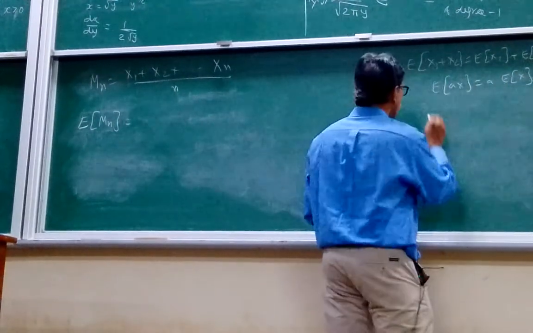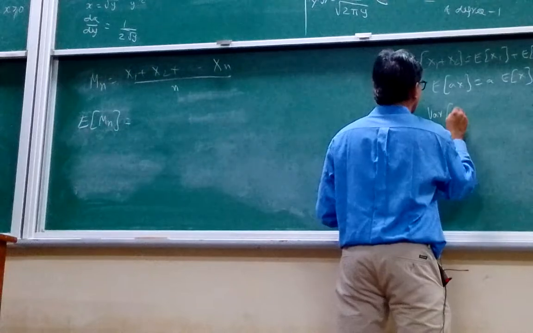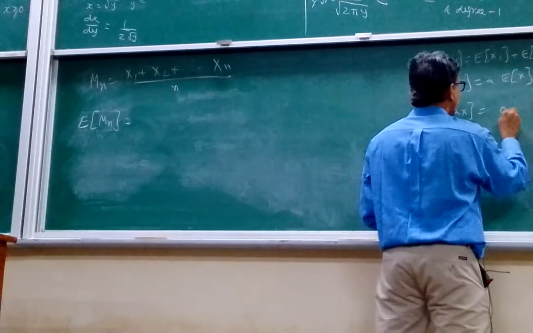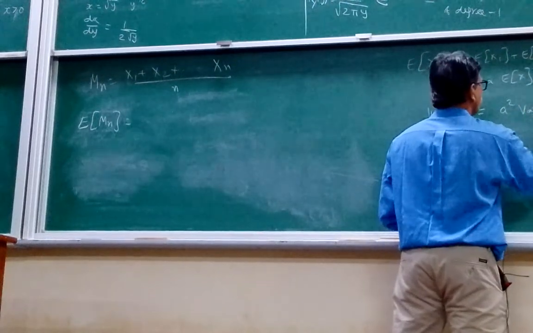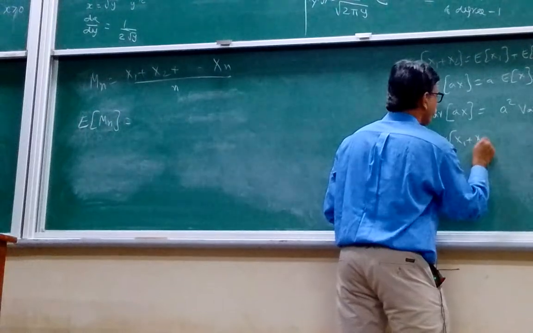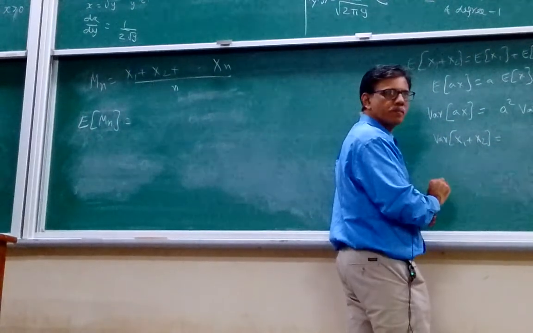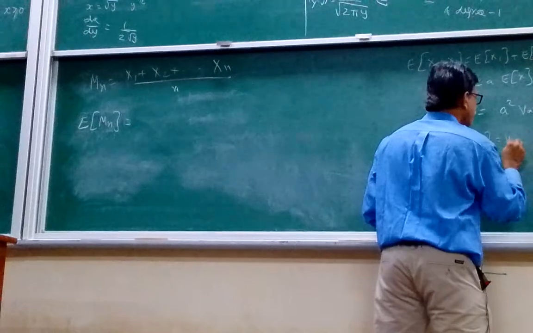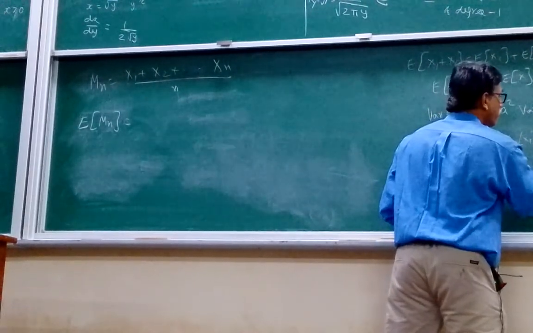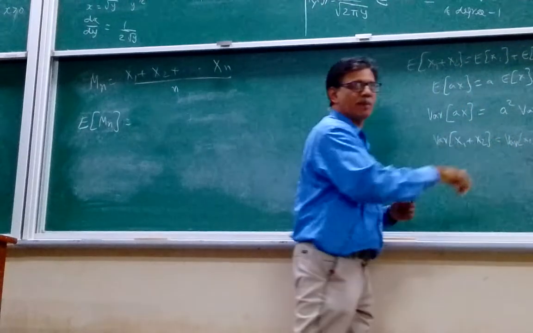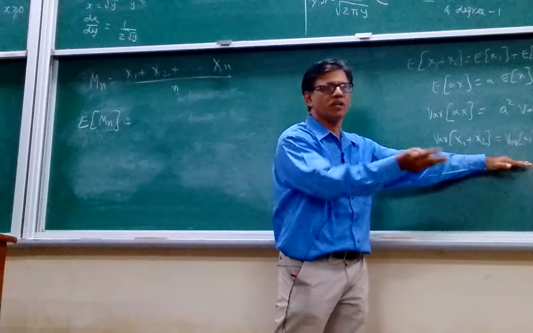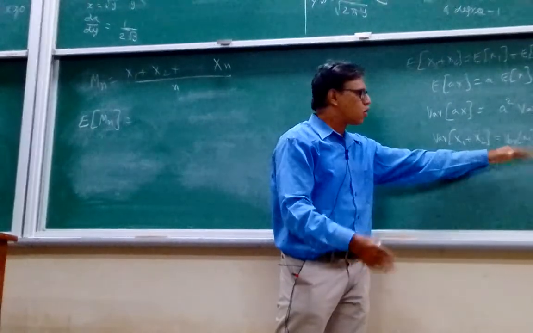We also know that variance of aX is a squared times variance of X. And the variance of X1 plus X2, since they are all independent, I don't even bother about covariance.